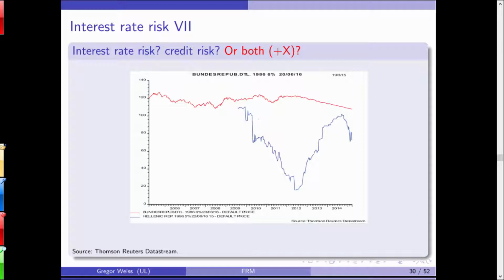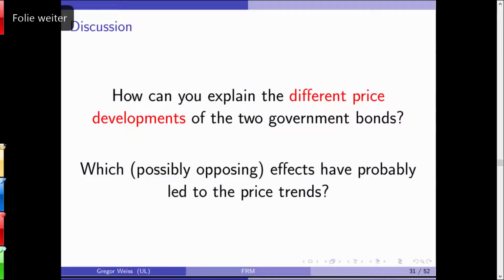But with Greece, it's probably mostly credit risk, but it also is some interest rate risk. So, how can you explain the different price developments and price movements? That's quite clear.